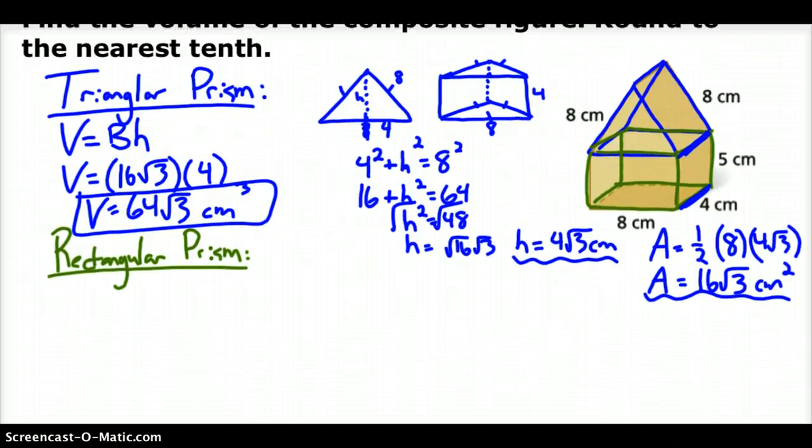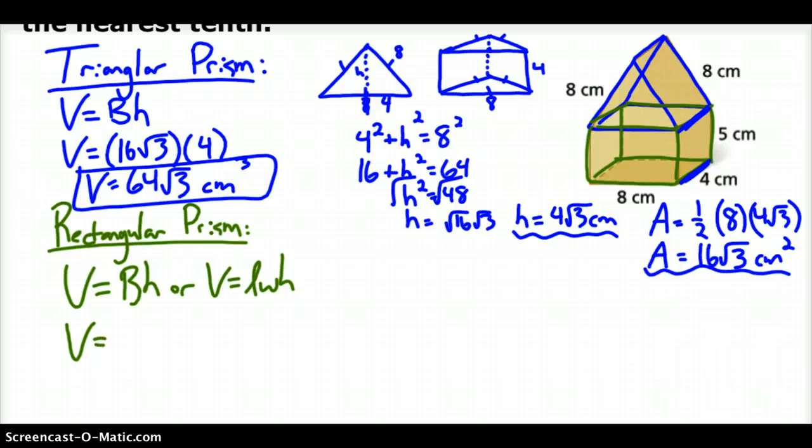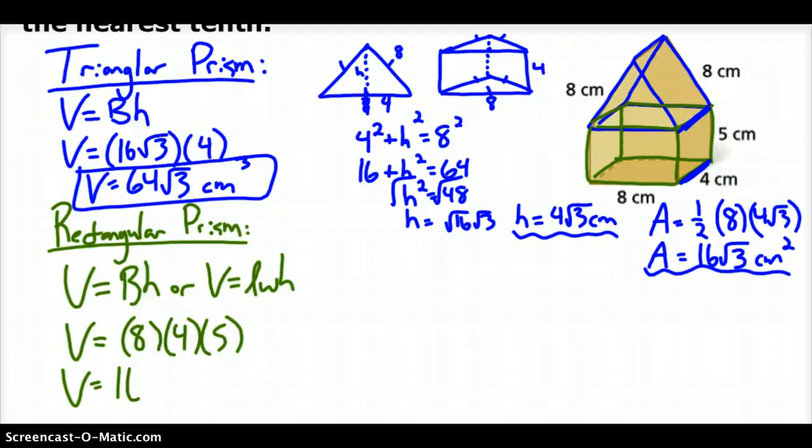Now we have to find the volume of our rectangular prism, which is much easier because the volume equals base times height, or volume equals length times width times height. So our volume here is going to be equal to 8 times 4 times 5, which gives us 160 cubic centimeters.